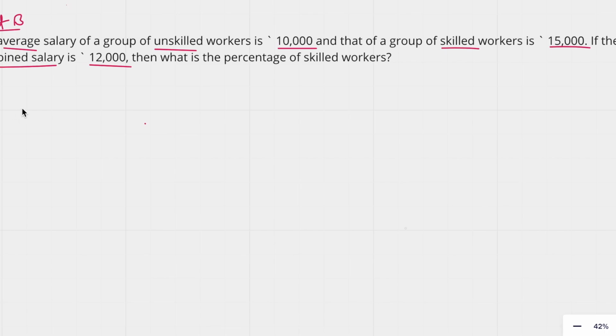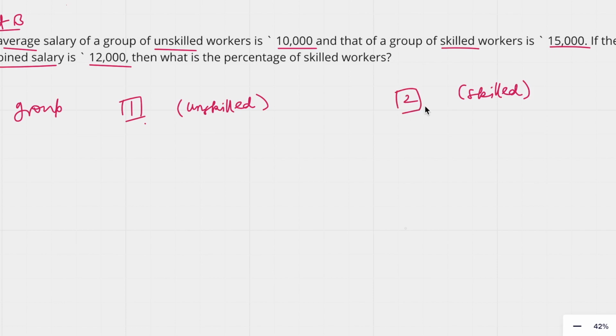If there are two groups 1 and 2, in our case, let us call the group 1 as unskilled and skilled will be group 2. So the arithmetic mean of 1 will be x1 bar, that is going to be 10,000.